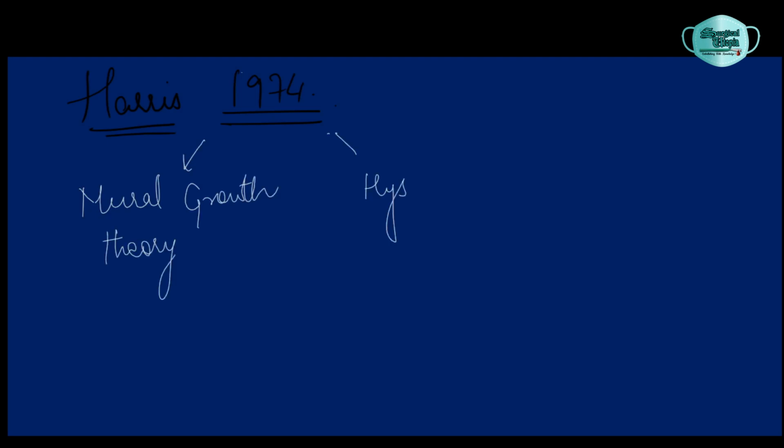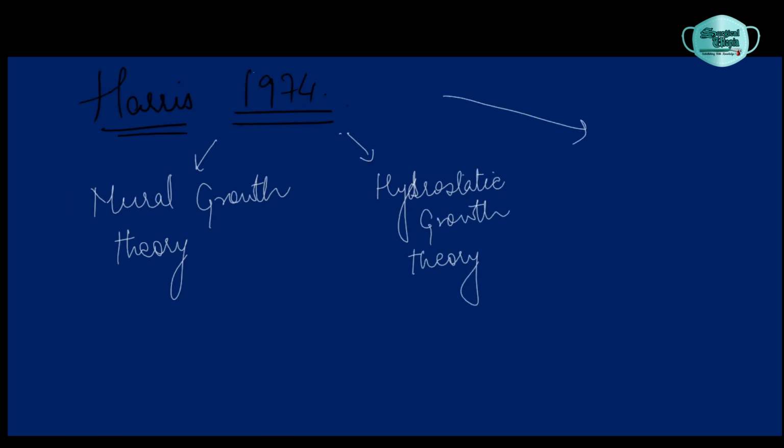Another theory of cystic expansion was given by Harris in 1974. He divided the cystic enlargement into three headings. The first one is the mural growth, the second one is the hydrostatic growth, and the third one is the bone resorbing factors.